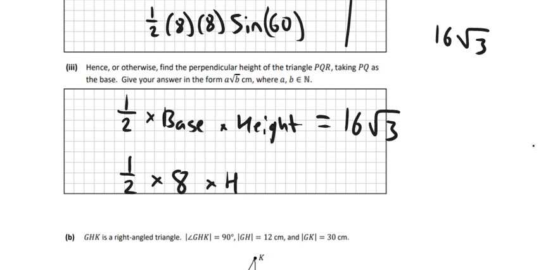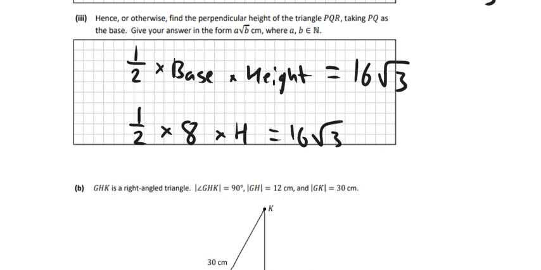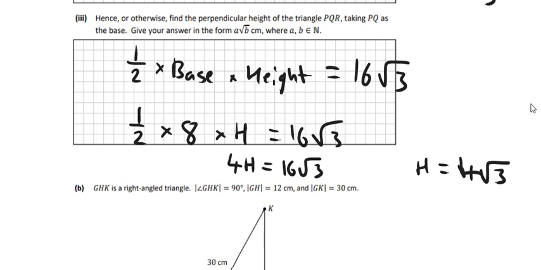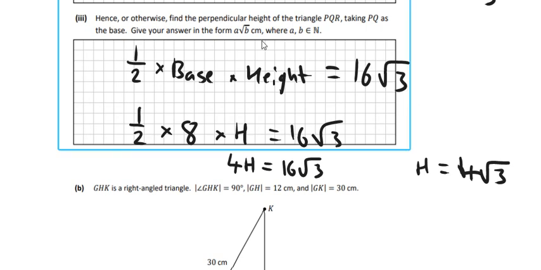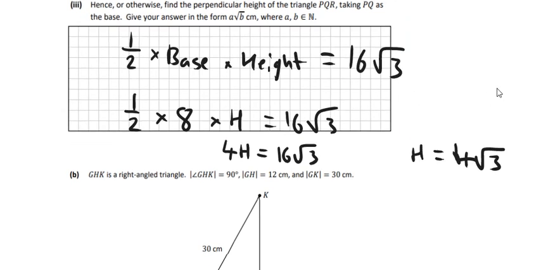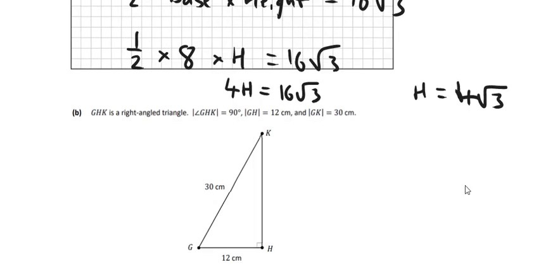So half times 8 times h is 16 root 3. So half of 8 is 4, so we know that 4h basically is 16 root 3, where h is the perpendicular height. So then you just have to divide by 4. So if you divide 16 root 3 by 4, you get 4 root 3. So h is 4 root 3. And so you've given it in the form a root b. So 4 root 3 is the height.